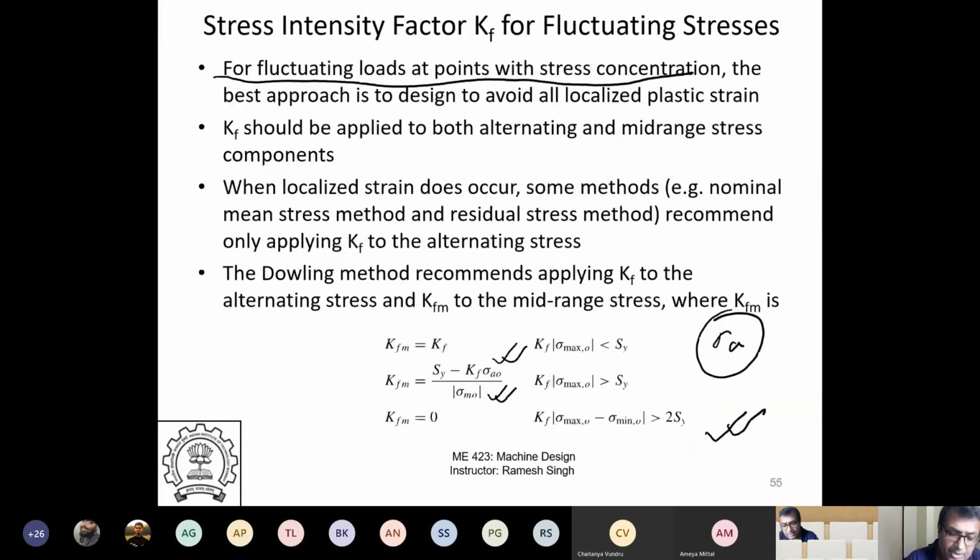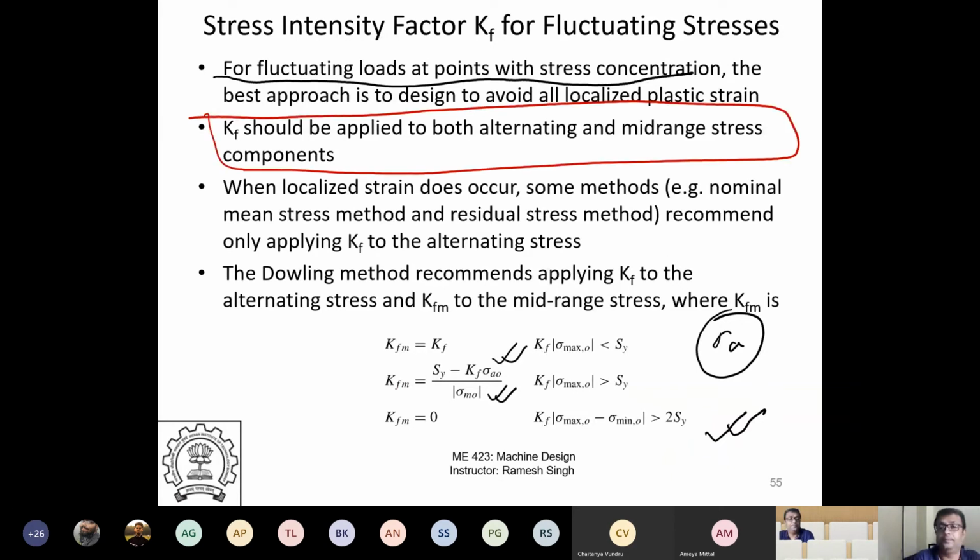If you remember the fluctuating stresses, KF should be applied to both alternating and mean stress components. So whatever is the base sigma A and sigma M, I multiply KF to that, and that will be my final thing.